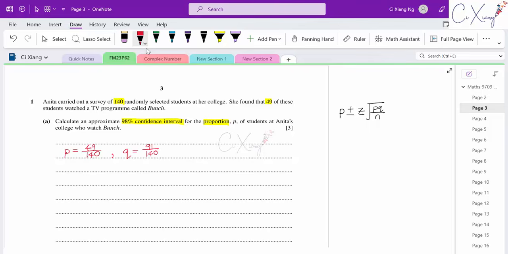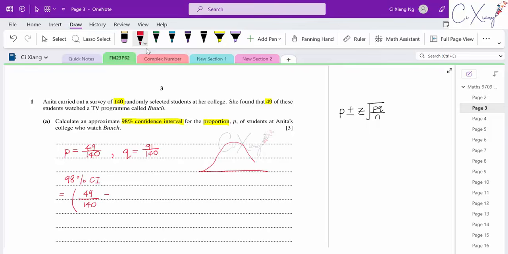Okay, so now I want to put it into the 98% confidence interval for proportion. So what is the 98% confidence interval here? The formula should be P, which is 49 over 140, minus the z. To get the value for z, maybe we need to visualize the idea.